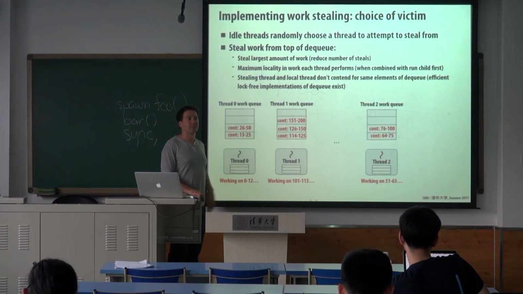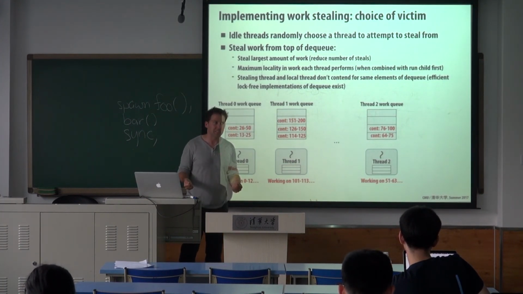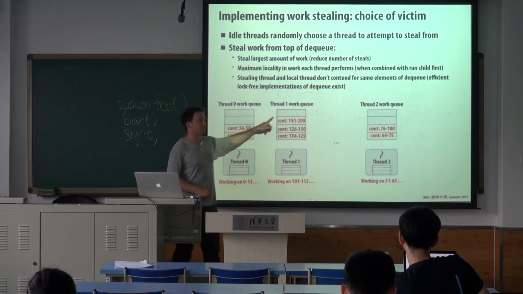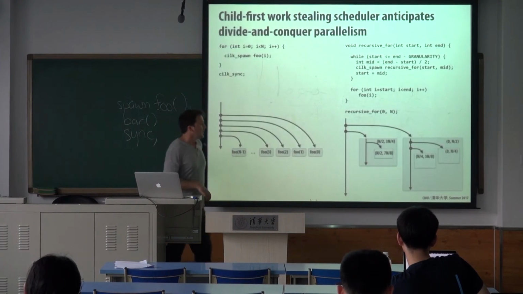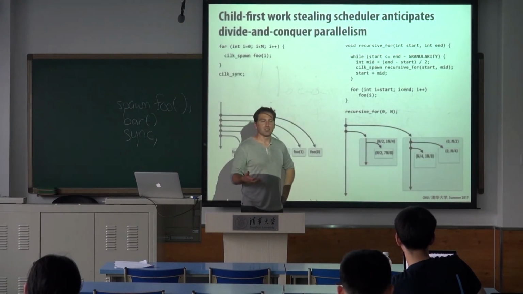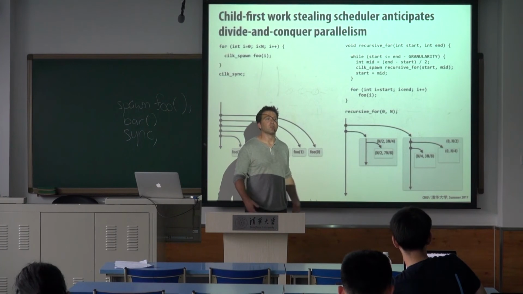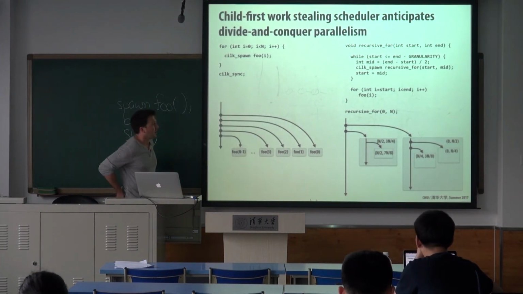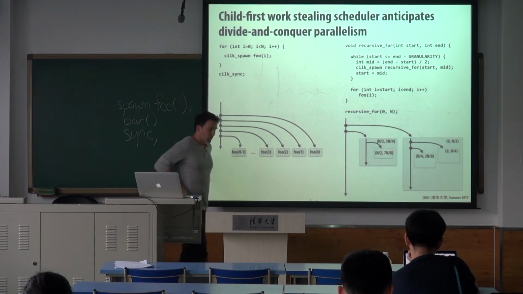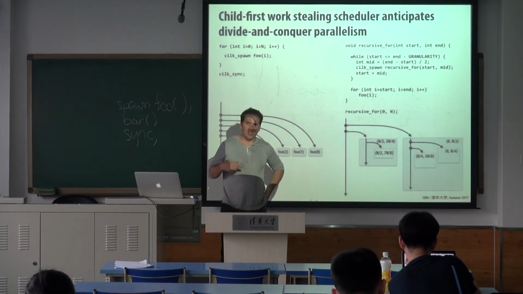But hopefully that's not very often, because every time there's a steal, you steal from the top. So if you have a recursive program, a divide and conquer algorithm like quicksort, it actually is a very elegant way to write code.